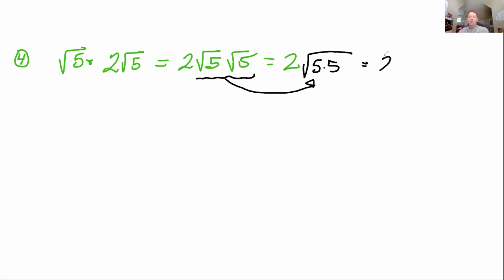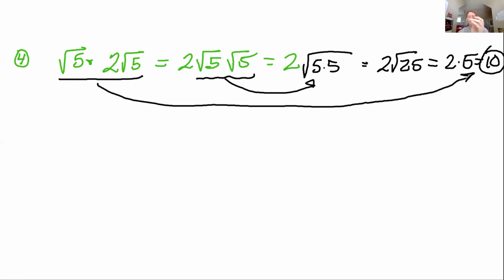And this becomes 2 times the square root of 25. We know what the square root of 25 is, right? The number times itself that makes 25, which is 5, and 2 times 5 gives us 10. So this, all the way through, equals 10.